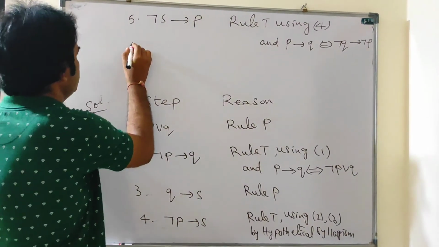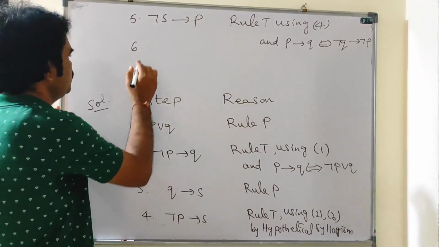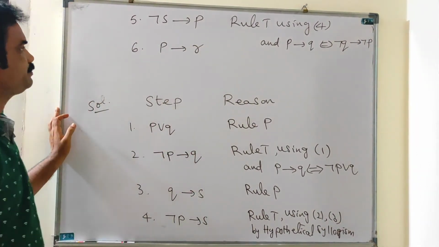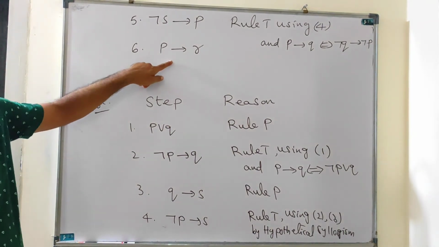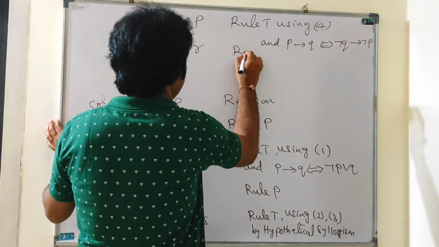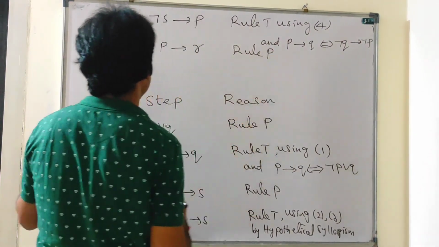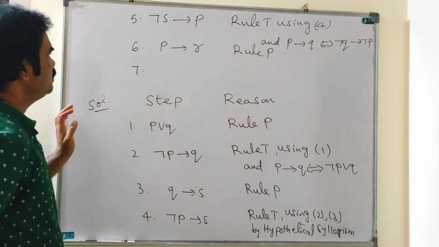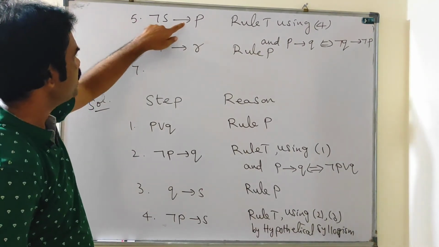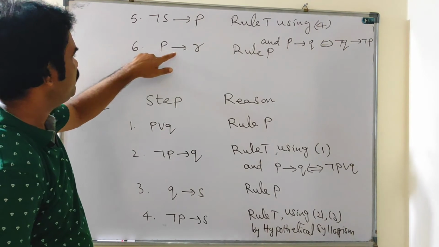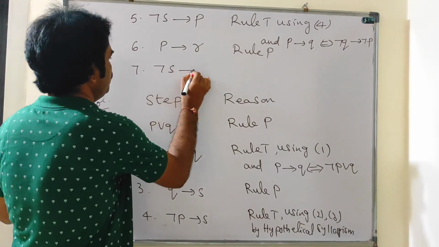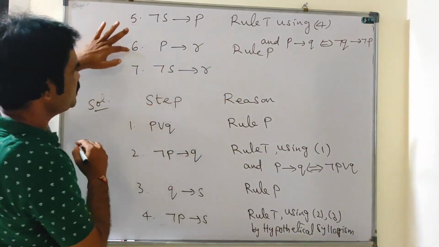Next premise is P implies R. Already we have this premise in the given premises. If you introduce a premise, that is rule P. Next, observe 5 and 6. Negation S implies P, P implies R. Again by hypothetical syllogism, negation S implies R, using 5 and 6.